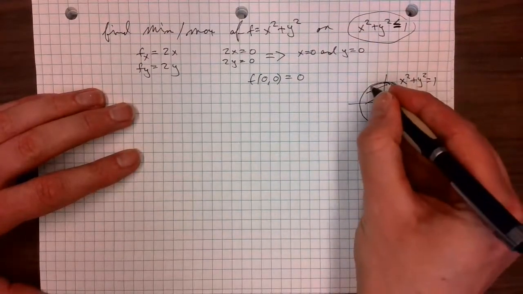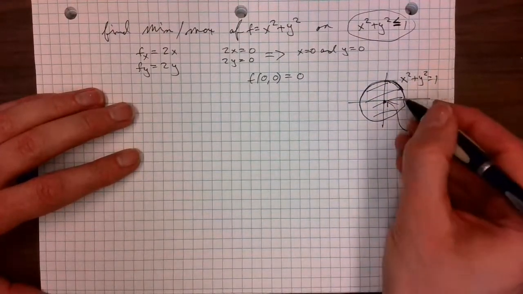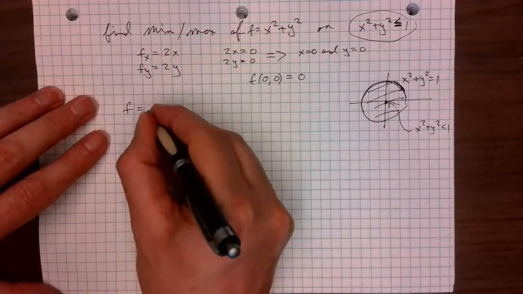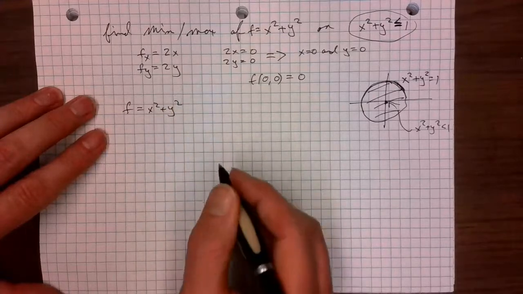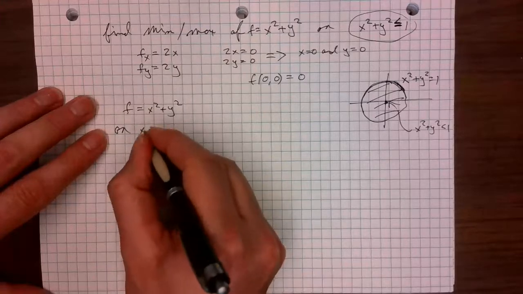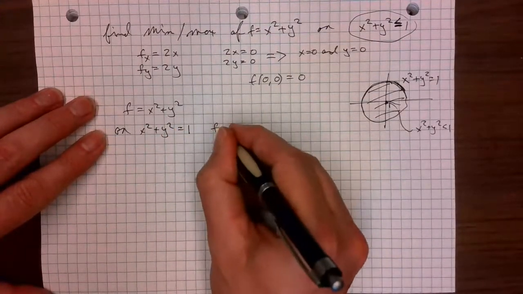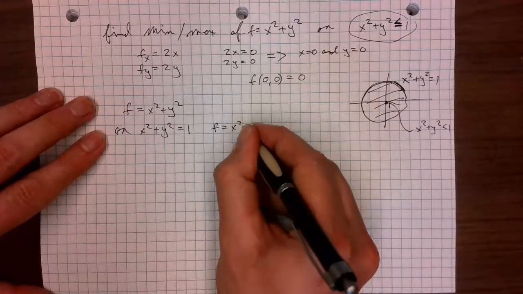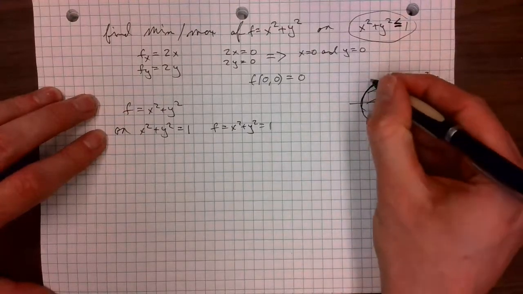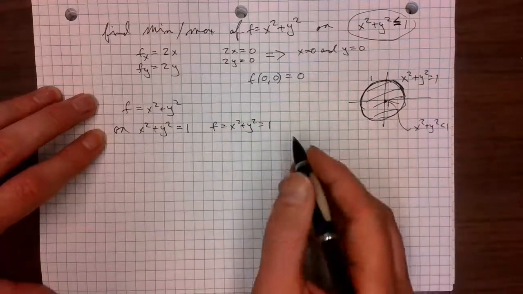So let's check what the function is on this boundary. Well, if f is x squared plus y squared, then on x squared plus y squared equals 1, f is just equal to 1 everywhere on here, right?